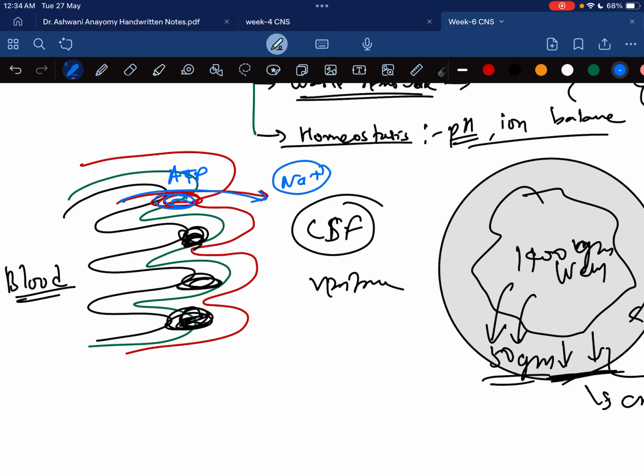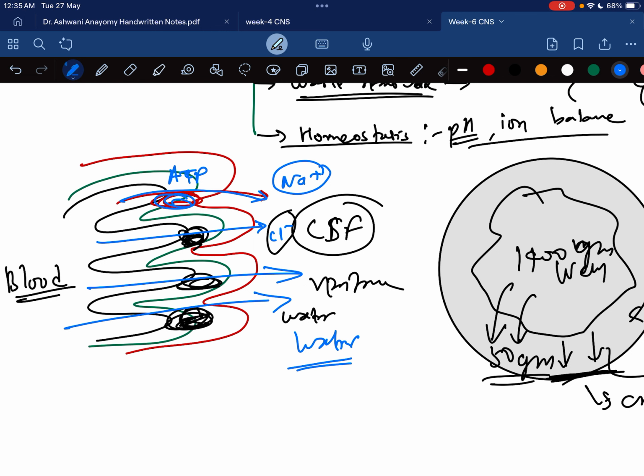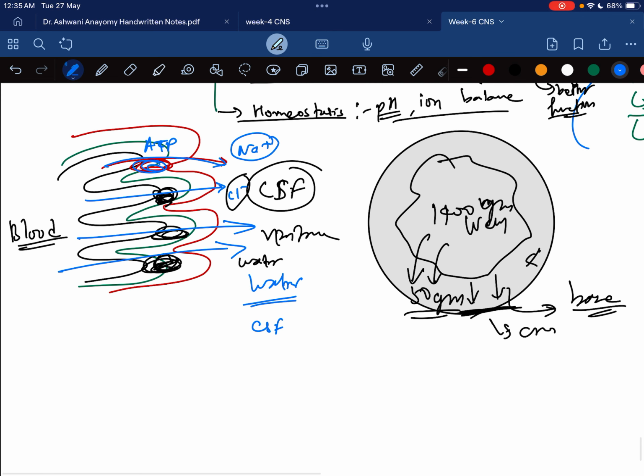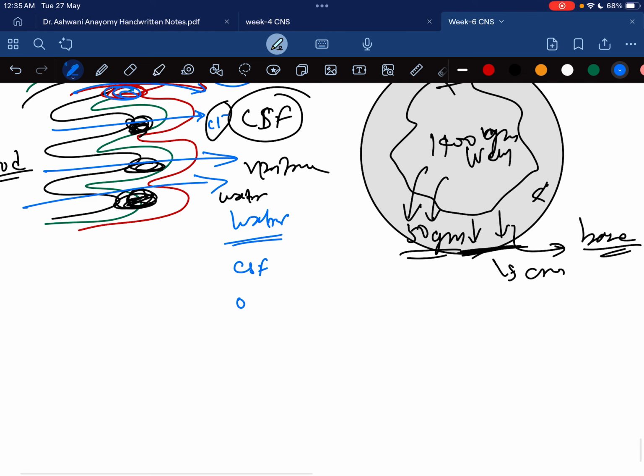When sodium is pumped, chloride also shifts through with the sodium, and with both ions there is a water drag. So water also passes inside the ventricles, and this is the formation of CSF.